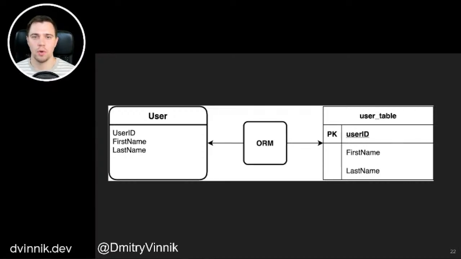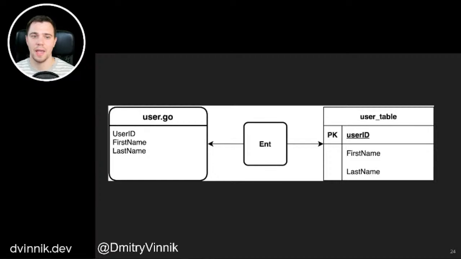In between, you would have an ORM that connects the objects in your object-oriented language, which might be Go or Java, with the table. You don't have to call particular transactions or deal with constraints. It will be handled for you in the ORM of your choice. This ORM is what we're discussing today with Ent. Ent is basically that object relational mapping that we can use for Go.